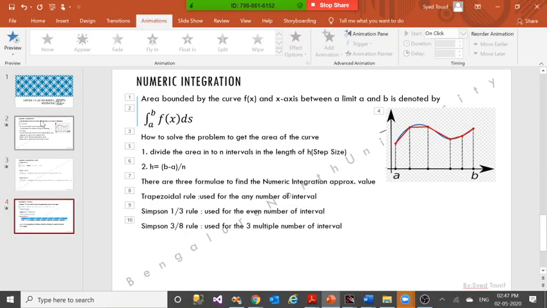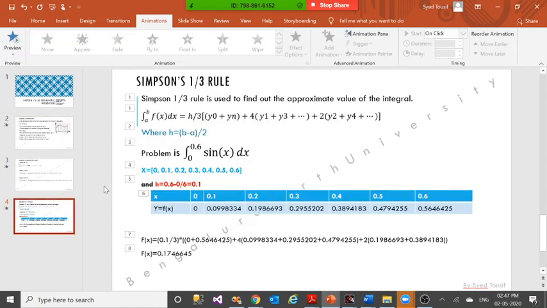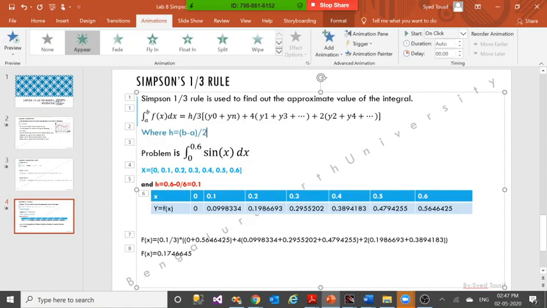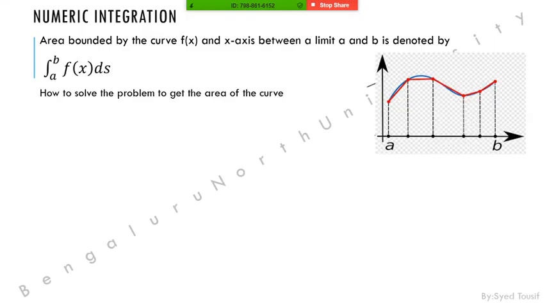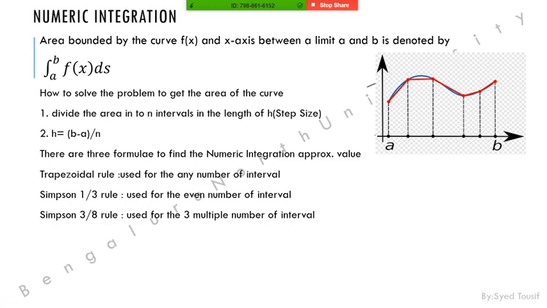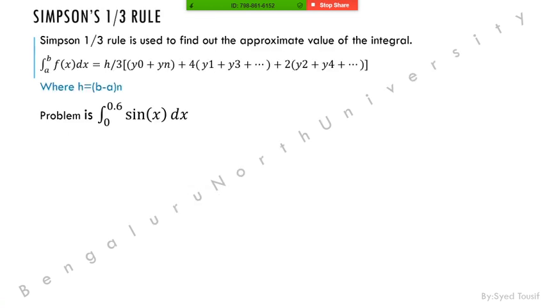Just a minute, I will make that proper. It's b minus a divided by n.